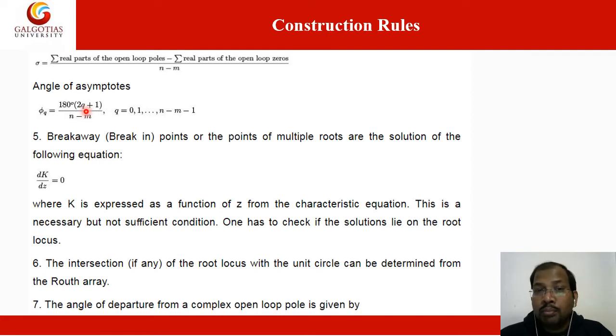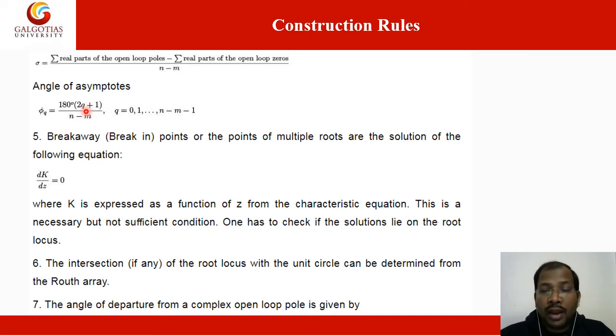Now come to the breakaway point, or breaking point. If there are poles, then we have to find a breakaway point. The breakaway points, or points of multiple roots, are the solutions of the following equation. If there are multiple roots, these breakaway points may be intersected at the origin or at the imaginary axis.